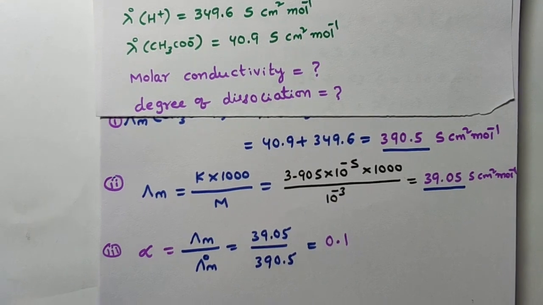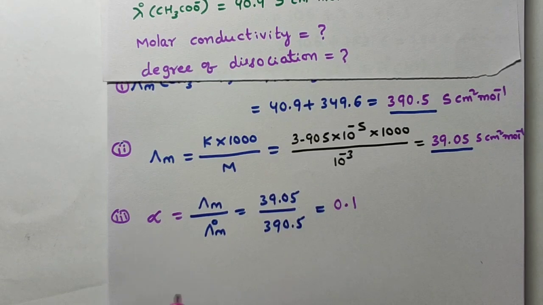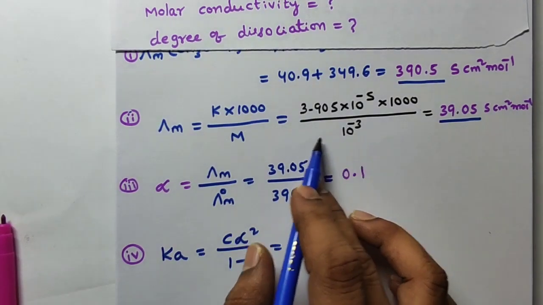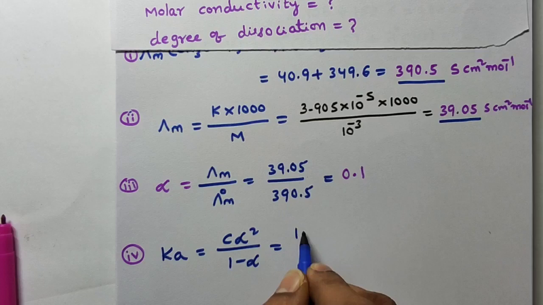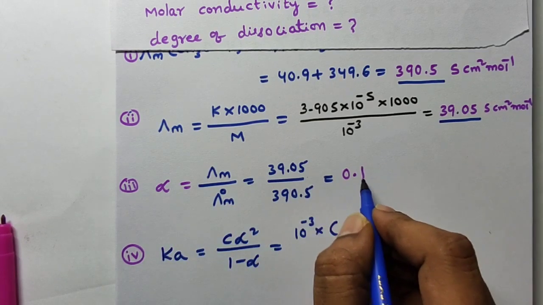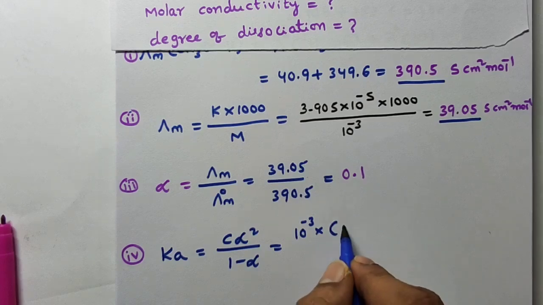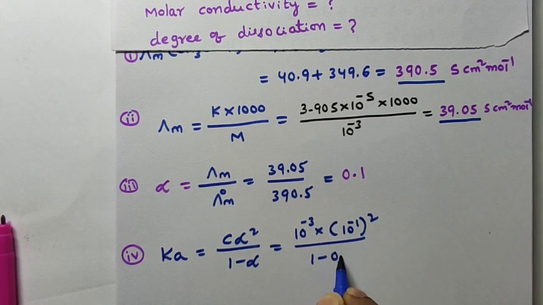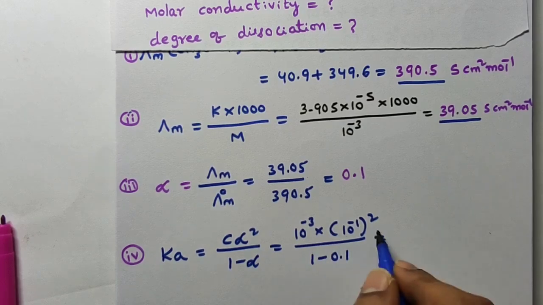Okay, sometimes in questions they also ask for the dissociation constant, the acid dissociation constant, right? So here the acid dissociation constant Ka equals the formula C alpha square divided by 1 minus alpha. What is the concentration? Look at this, here we already wrote the concentration, right? 10 power minus 3, into what is the alpha?